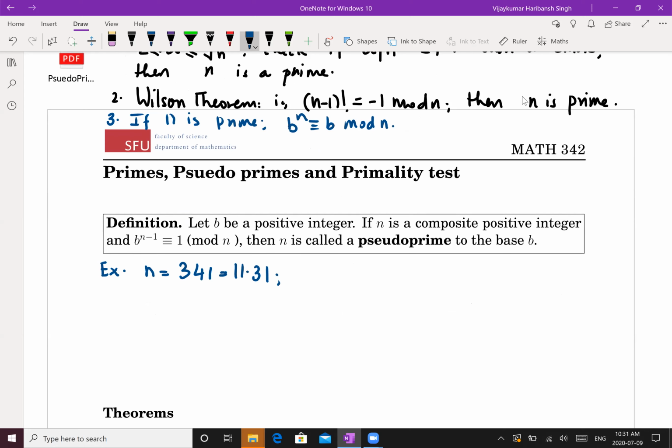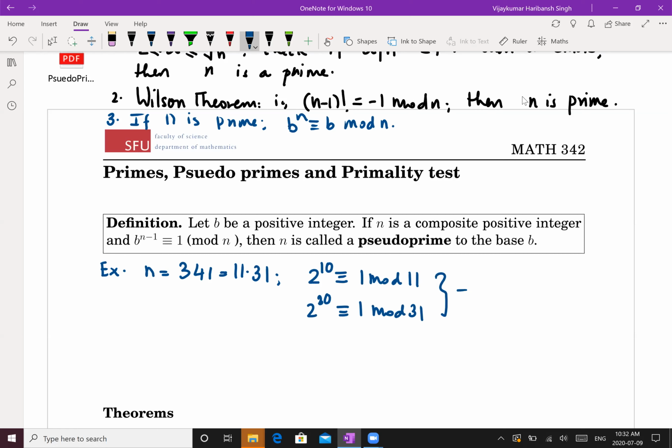So we can see that 2 to the power 10 is congruent to 1 mod 11, and 2 to the power 30 is congruent to 1 mod 31.